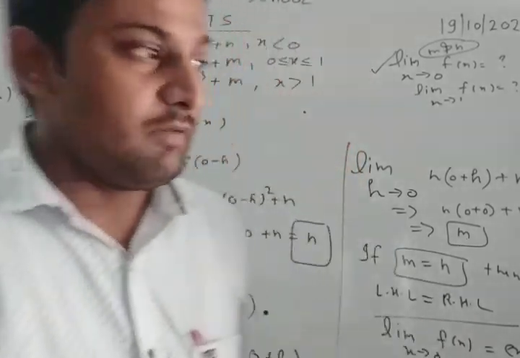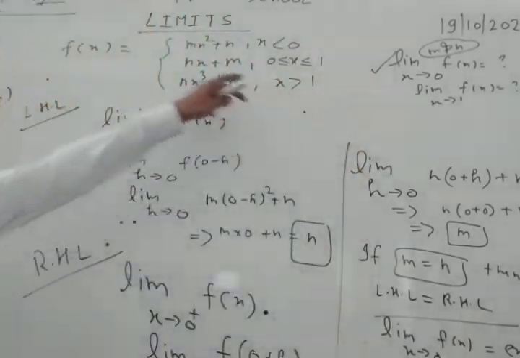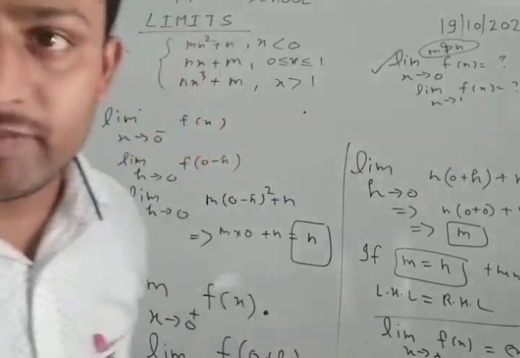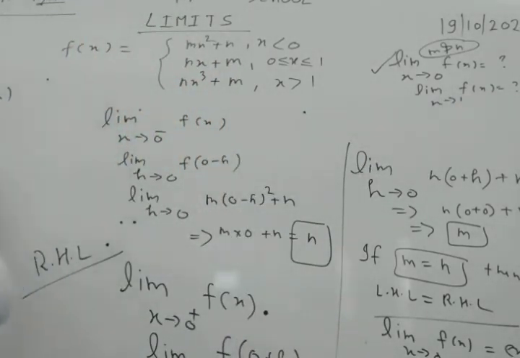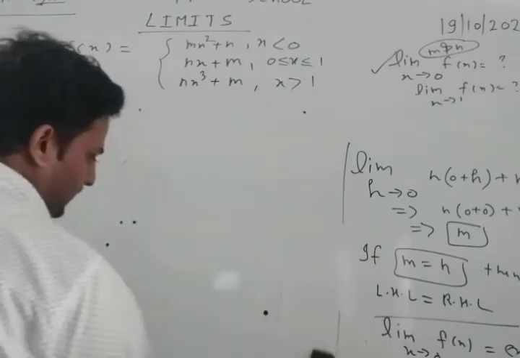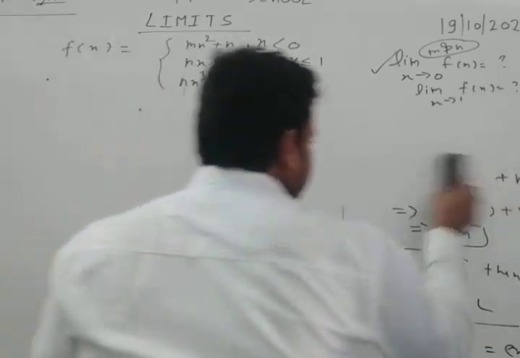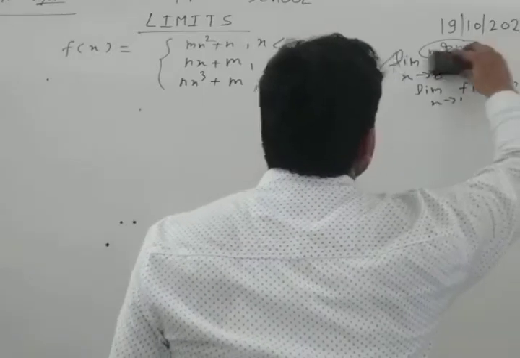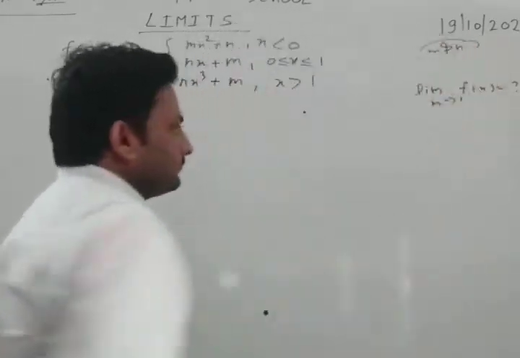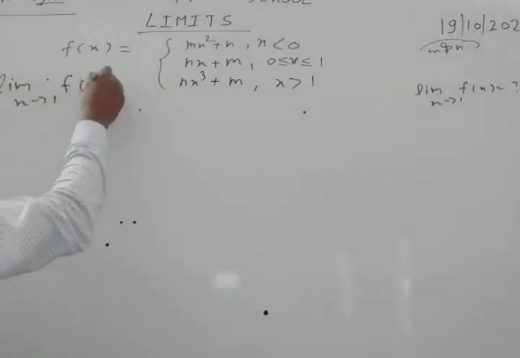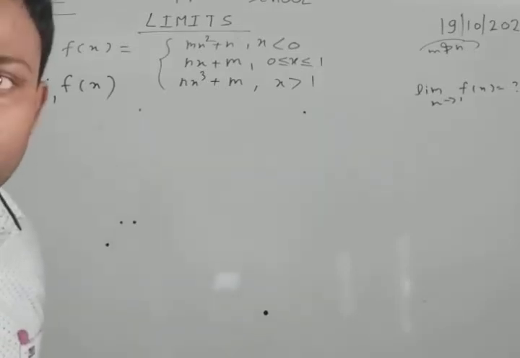Okay. Now we will see the second part. We will find the limit as x tends to 1 of f(x).